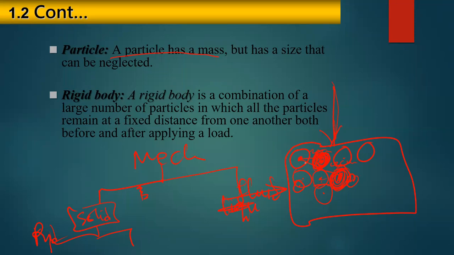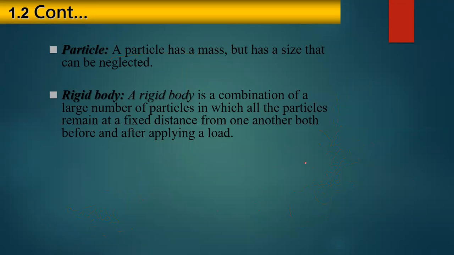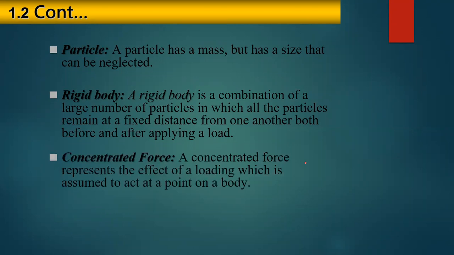And then apart from a rigid body, we also have what is known as concentrated force. So what is a concentrated force? A concentrated force represents the effect of a loading which is assumed to act at a point on a body. If you have an object, it can either be a deformable body or a rigid body.